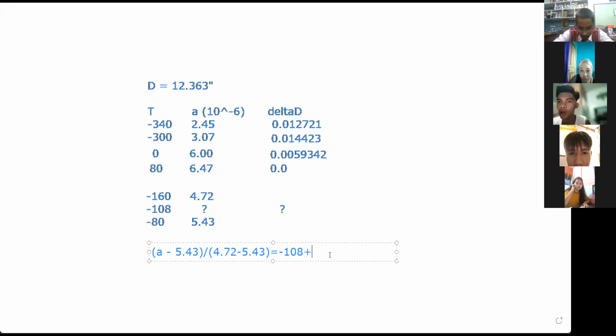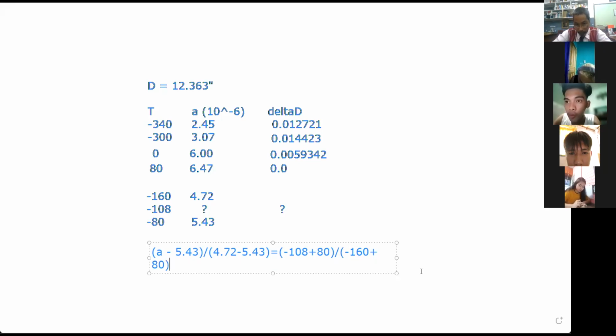So lower part is negative 80. And then put again the necessary parentheses. And then divide by the upper and the lower. What is that? Negative 160 minus, it will become positive 80. Okay?